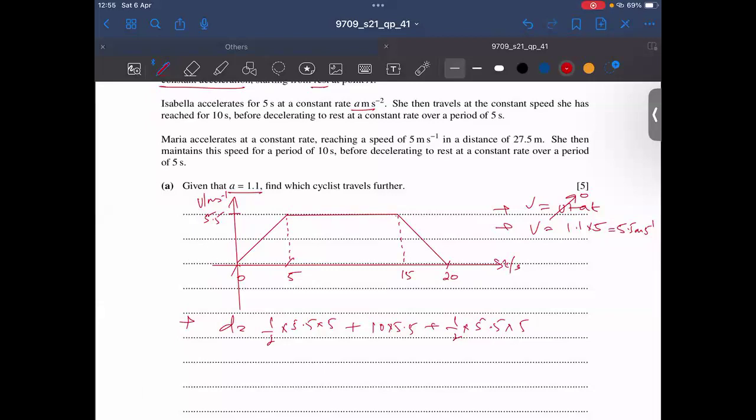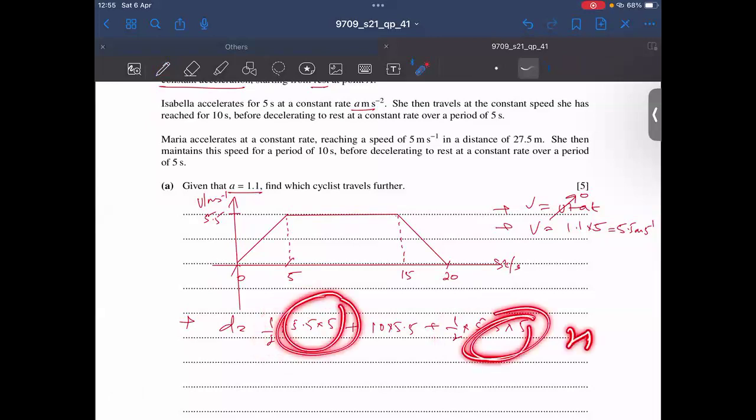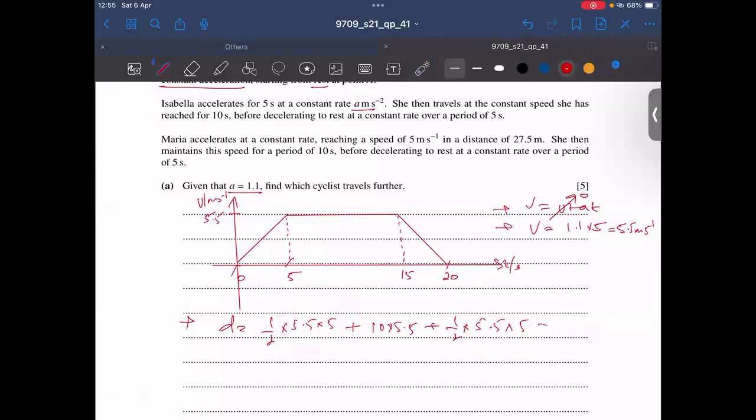The answer is 27.5 multiplied by 1 upon 2, which is 13.75. These two are the same, so just add them up, which becomes 27 and a half, plus 55. So it's going to be 82.5 meters.